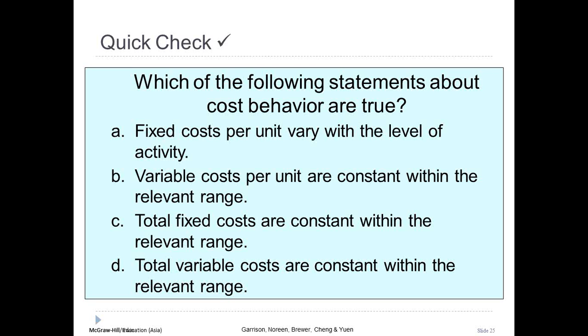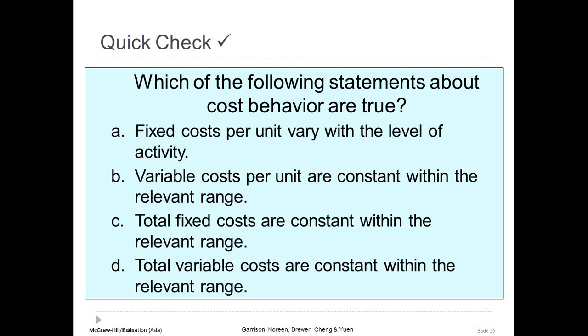Fixed costs per unit, that's the key. Per unit will vary with the level of activity. Well, maybe not, huh? Because the level of activity in fixed can be significant.